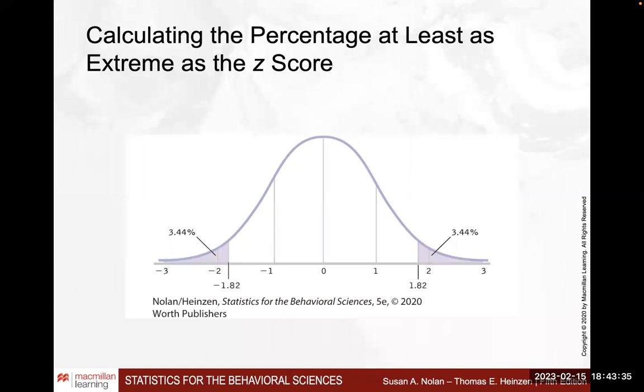So Manuel is a little shorter, and basically 3.4% of the other students will be as short or even shorter than him. But on the opposite end, we're going to have 3.44% of students that are taller than a corresponding STAT score. Makes sense, right? So it's symmetric, positive and negative.